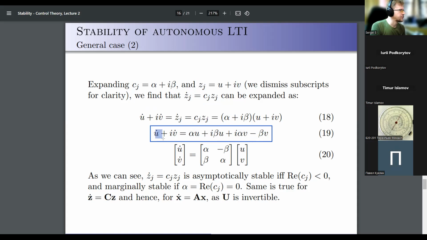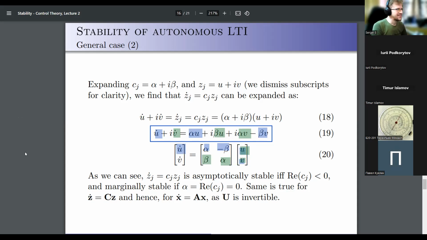We have equations for the real parts, and we can write it as u dot is equal to alpha times u minus beta times v. And we have equations for the imaginary parts, so v dot equals beta u plus alpha v.